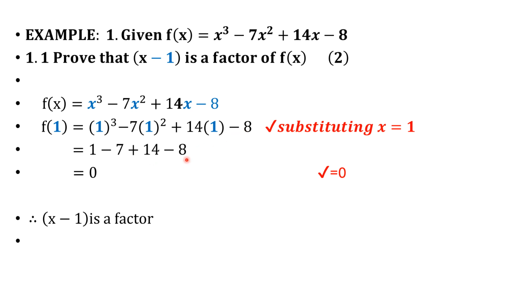If we add, 15 minus 15 gives me 0. As long as that equals 0, therefore x minus 1 is a factor. Take note, x minus 1 is a factor because the equation equals 0.